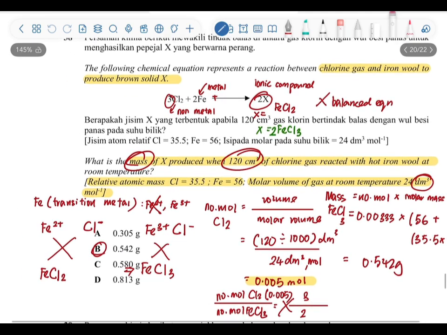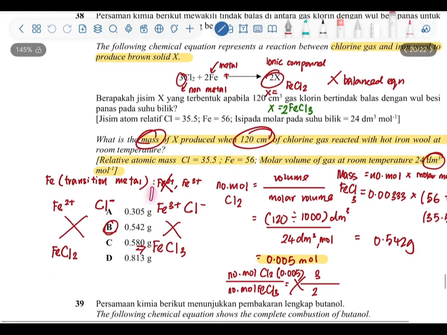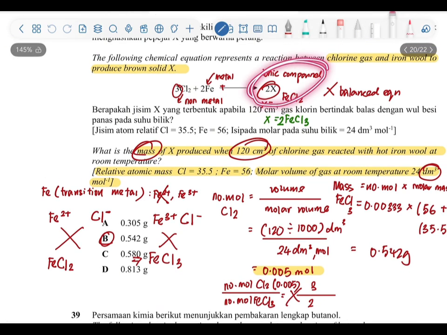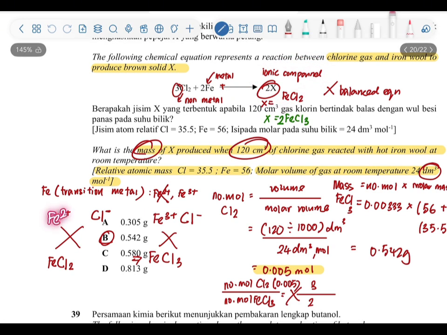Let's say we have Fe2+ first. Let's see what the chemical formula for this X is. Usually we write Fe and then 2+, which is the charge, the oxidation number for the iron. And we know that chloride ion is Cl negative.